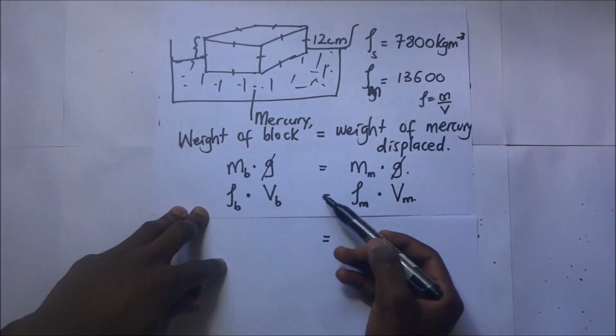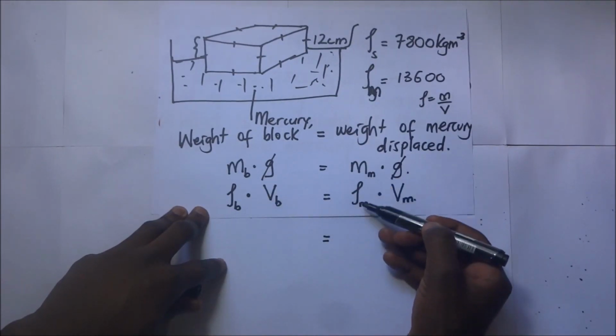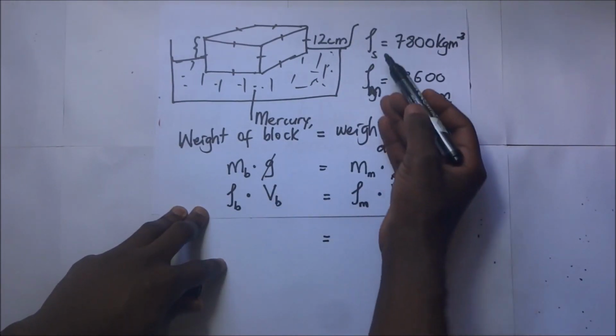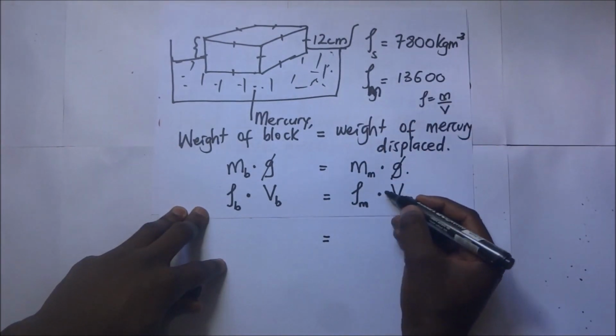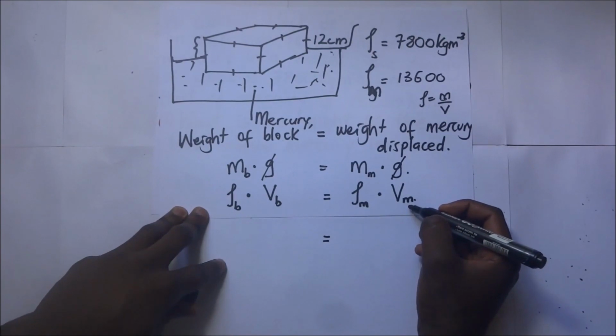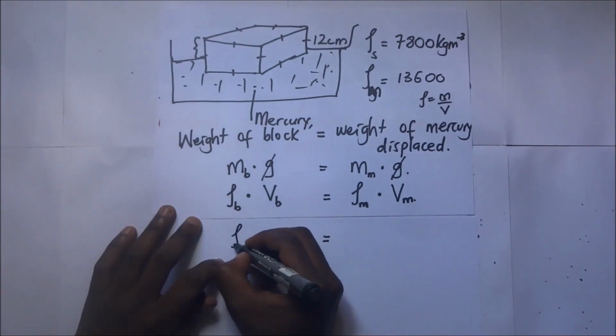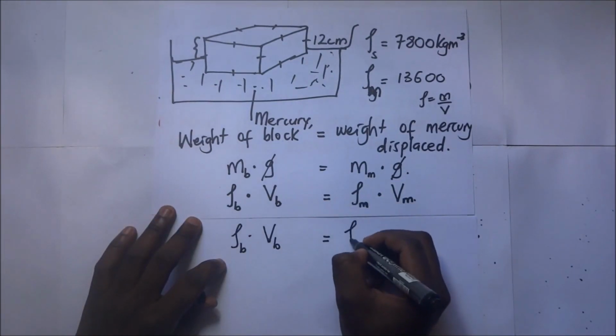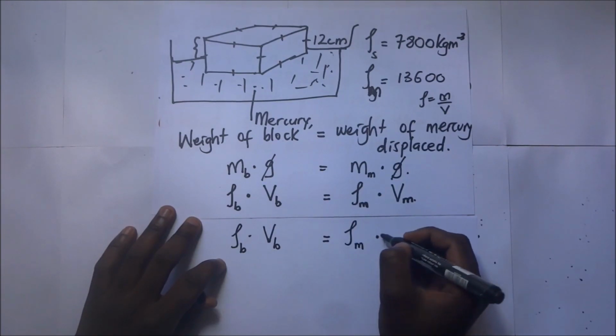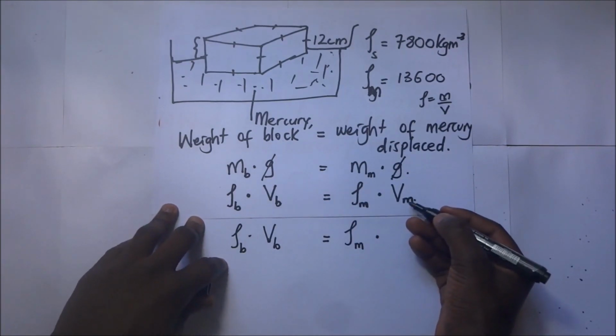That is going to be equal to the density of the mercury, which is also given, 13600 kilograms per meter cubed, multiplied by the volume of the mercury that has been displaced.